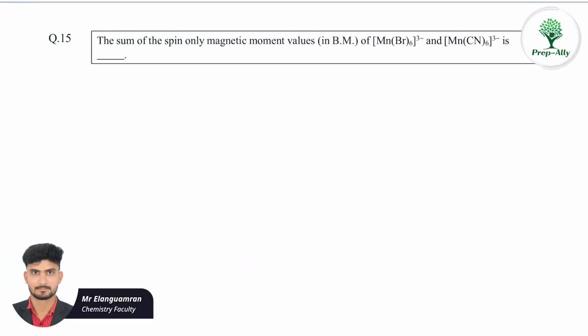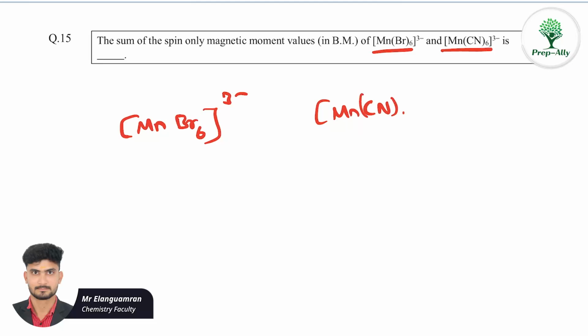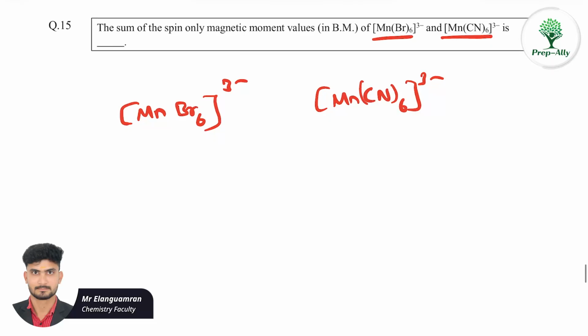The sum of the spin only magnetic moment values of the two complexes we have been given. Both of them are manganese complexes, but one is with a weak field ligand and the other is with a strong field ligand. So, what is the oxidation state of Mn over here?